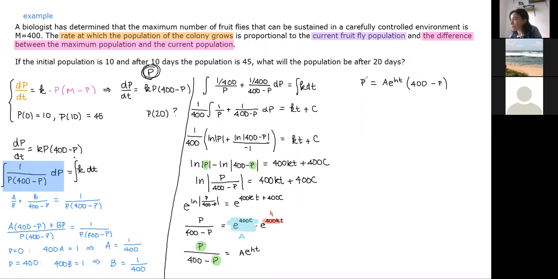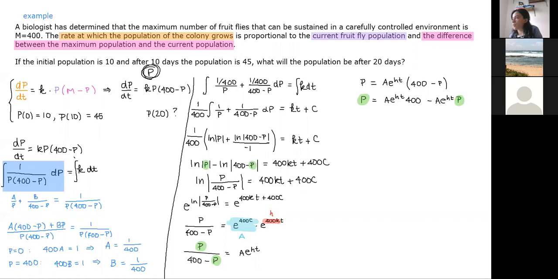So then I'll have that p is equal to a times e to the ht times 400 minus a times e to the ht times p. Goals in mind still, what I'm trying to do here is to find p, right?